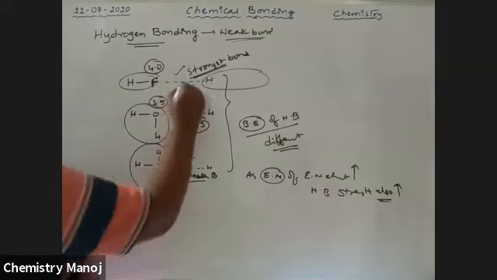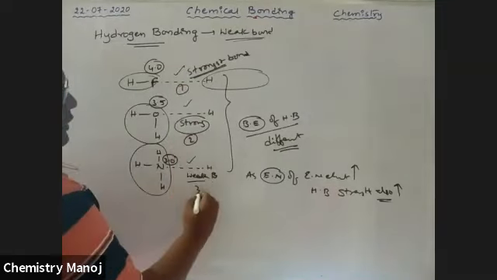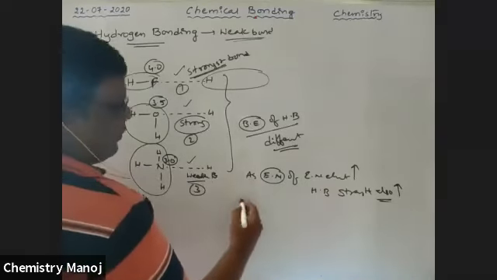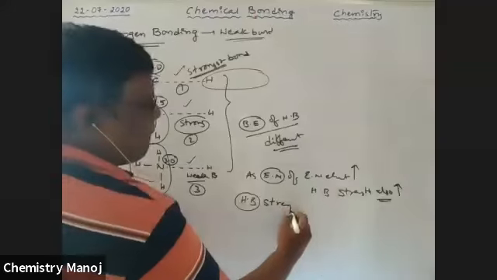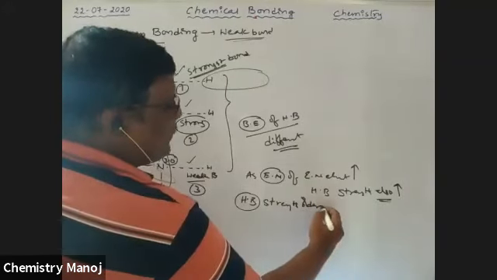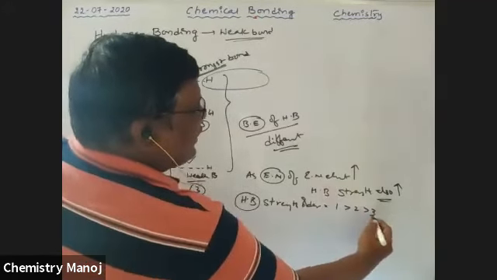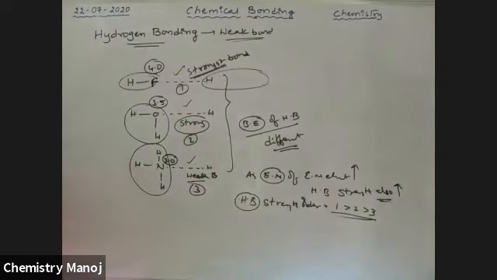Let us say this is the first bond, this is the second bond, this is the third bond. Therefore, the hydrogen bond strength order is 1 greater than 2 greater than 3. Hydrogen bond strength is in the order of electronegativity of the elements, that is, the difference of electronegativity of the elements.